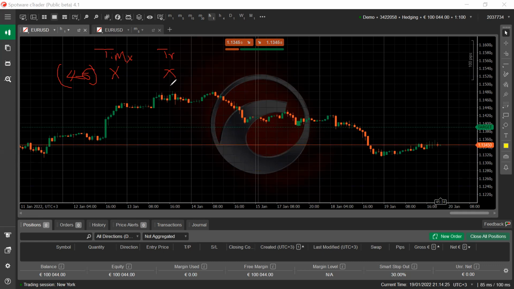Which means for 1 minute, it can be 4 times 1, which is 4 minutes, or 5, or 6. So it can be 5X, which is more popular. If you're going to trade on the 1 minute, you use 5 minutes as your guide. You can even use 4 minutes or 6 minutes, but the more popular one is the 5 minutes.